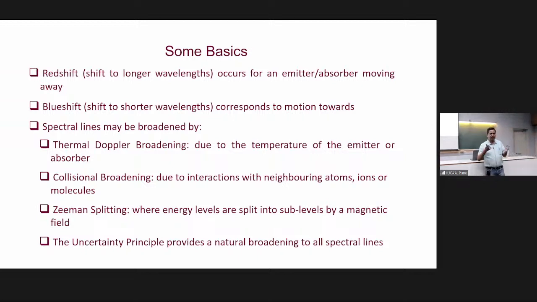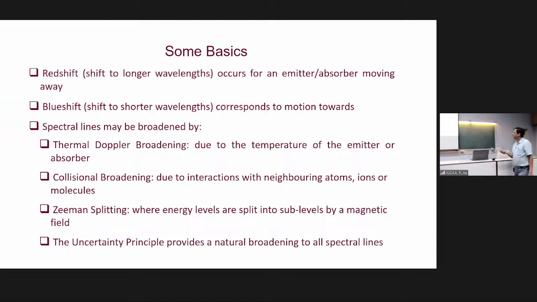Everybody already knows that all spectral lines will have a natural line width, which is due to the Heisenberg uncertainty principle. Because the electron goes into the excited state and stays there for some time, that creates this natural line width.